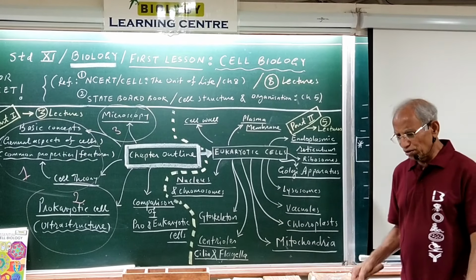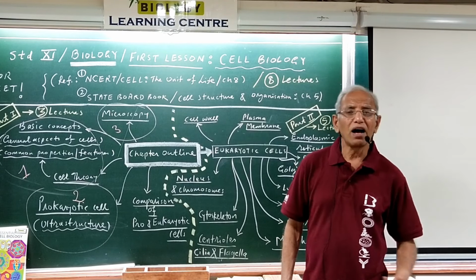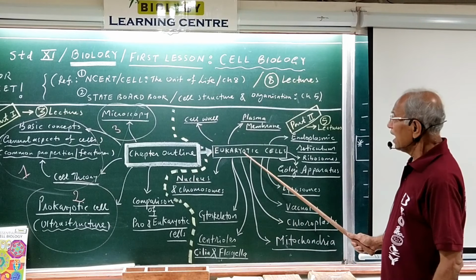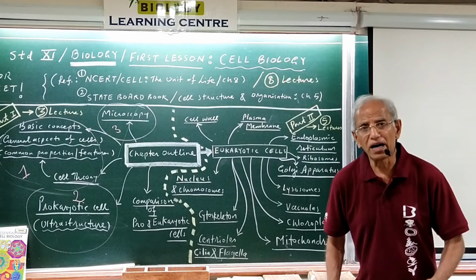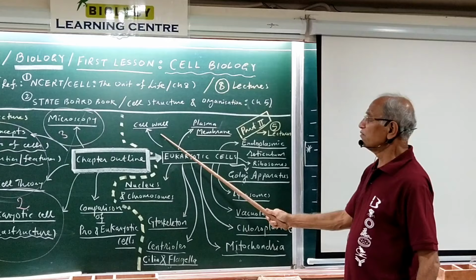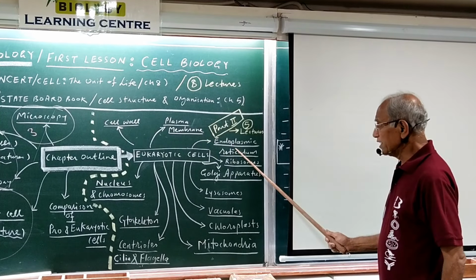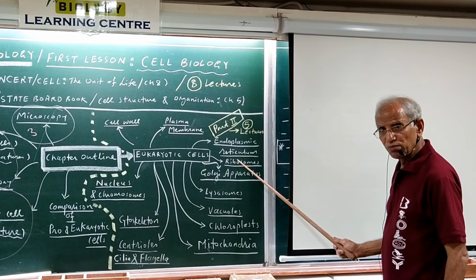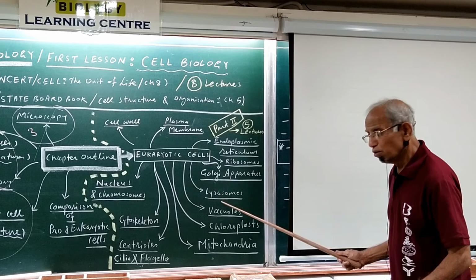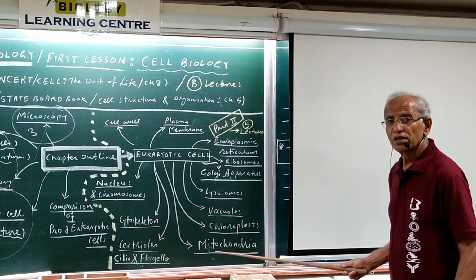Because you know that most of the cells that we generally think of are the eukaryotic cells, and the eukaryotic cells are plant cells, animal cells, and fungal cells. And you want to know the detailed parts, the ultrastructure, the electron microscopic structure of things like cell wall, plasma membrane, endoplasmic reticulum, ribosomes, Golgi apparatus, which is also called Golgi complex or Golgi body, lysosomes, vacuoles, chloroplasts, mitochondria.